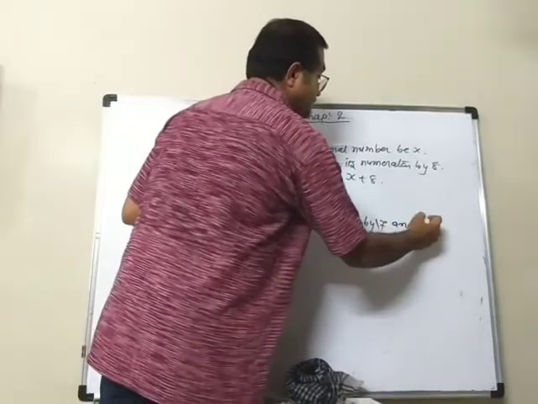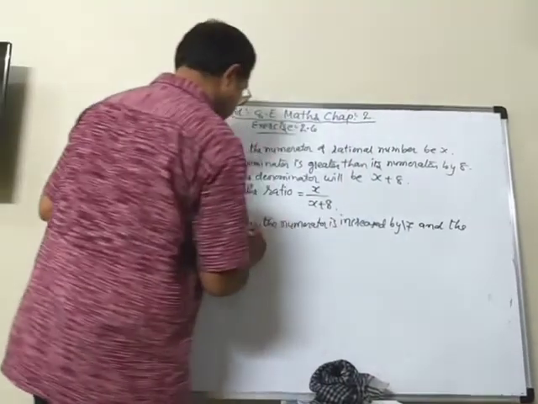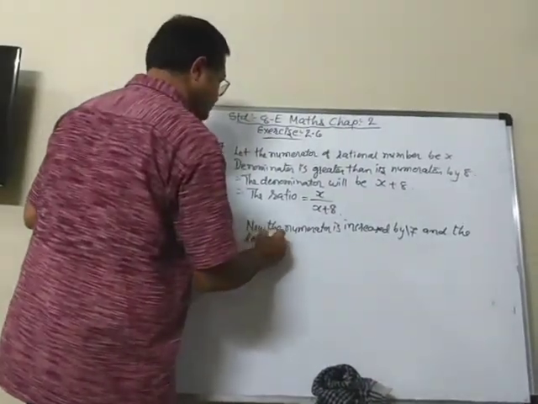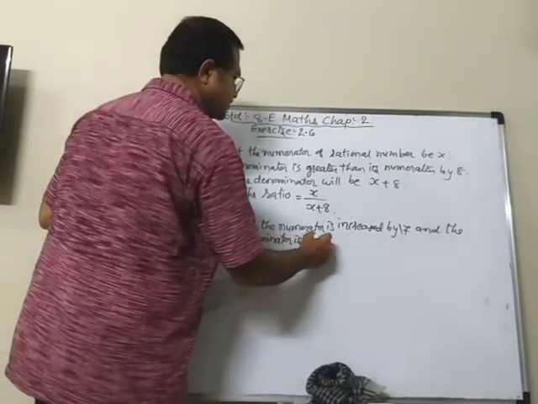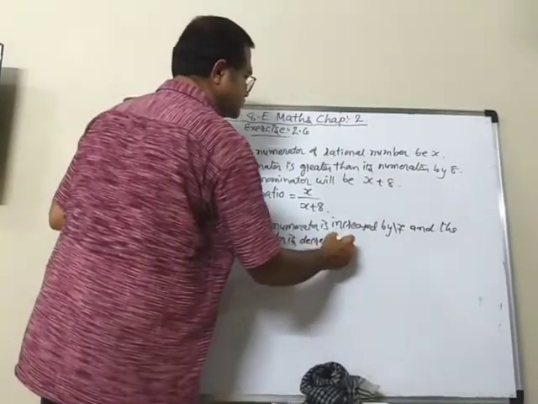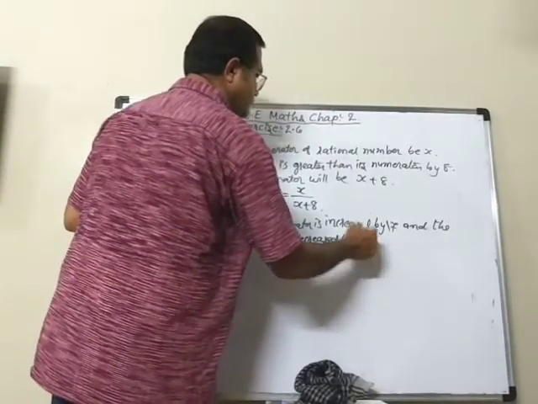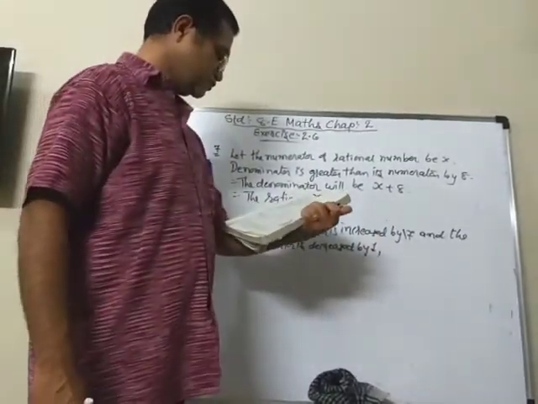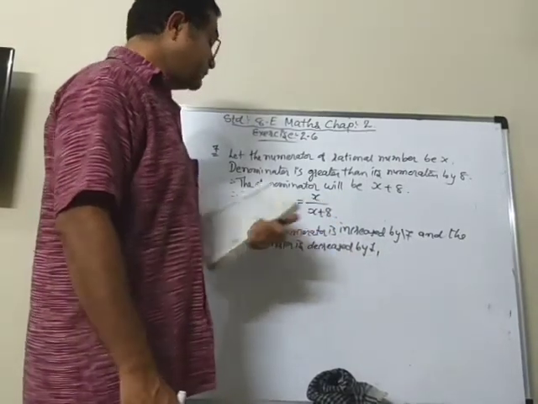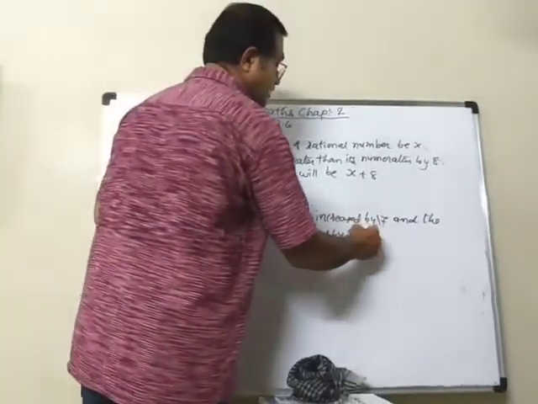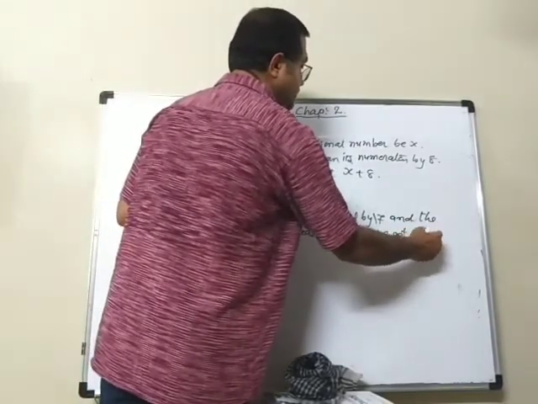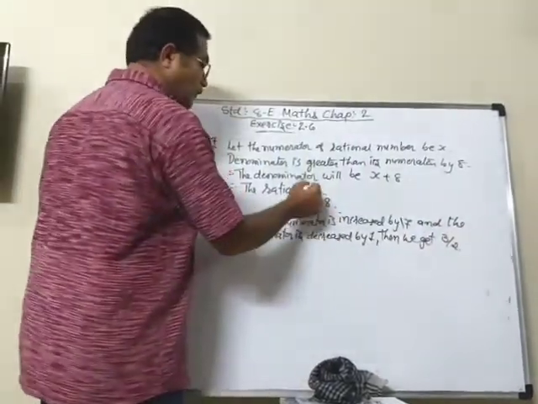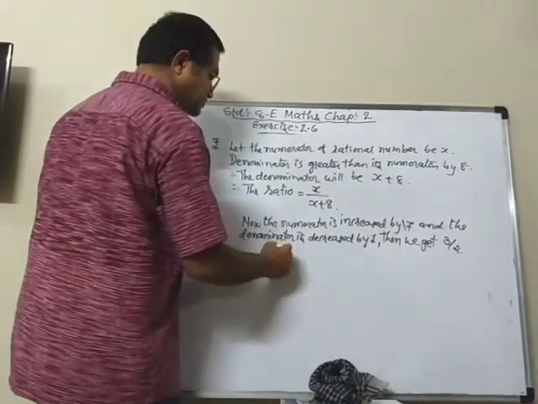And the denominator is decreased by 1. Then the number obtained is 3 by 2. Then we get 3 by 2. So now what was our original numerator? It was x.